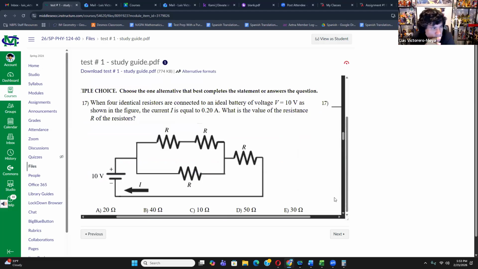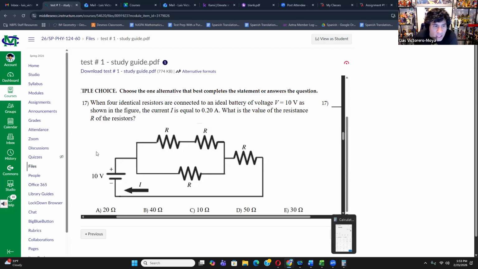So you have resistors like that. They tell you the net current and the voltage on the batteries. So what is the value of R? It's more algebra. That's why I will make a variation of this question for later so you can see how to find the equivalent. Although you're going to see that we have to find the equivalent resistance. It's just that you have to find it in terms of R.